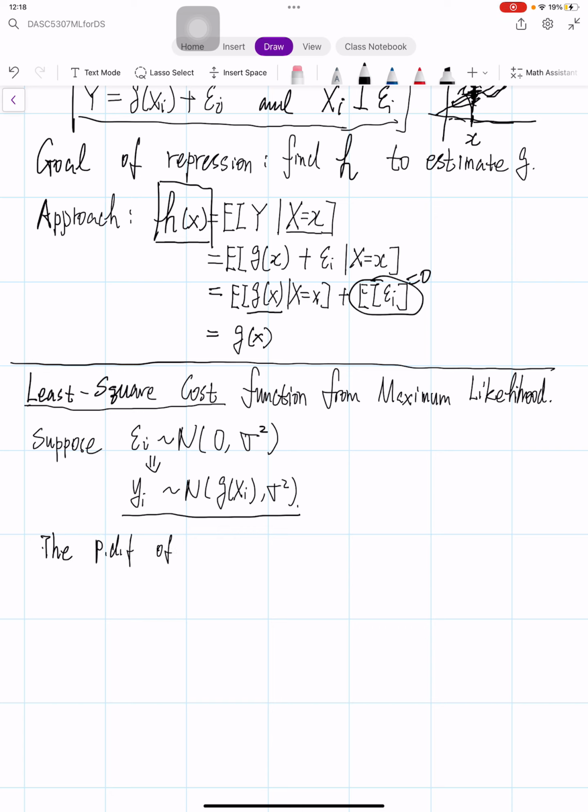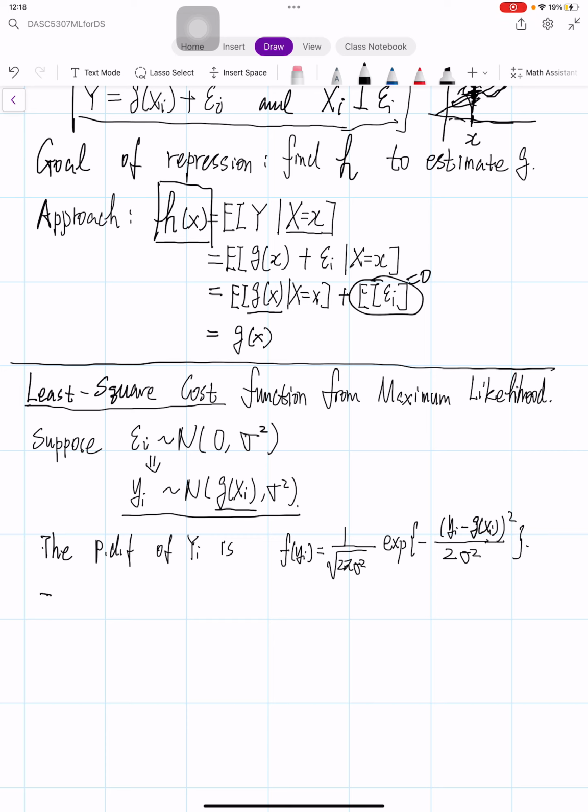The density of yi is given by f(yi) equals 1 over the square root of 2 pi sigma square, times exponential of negative (yi minus the average, which is g(xi)) squared over 2 sigma square.